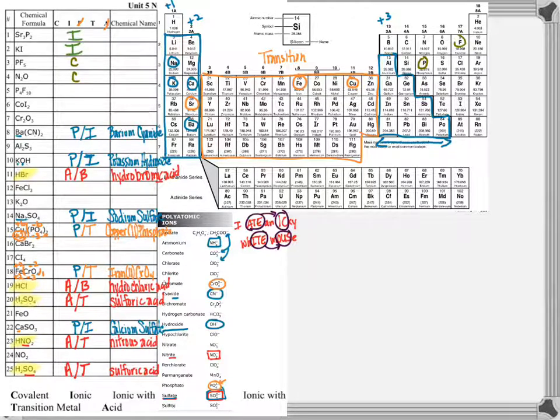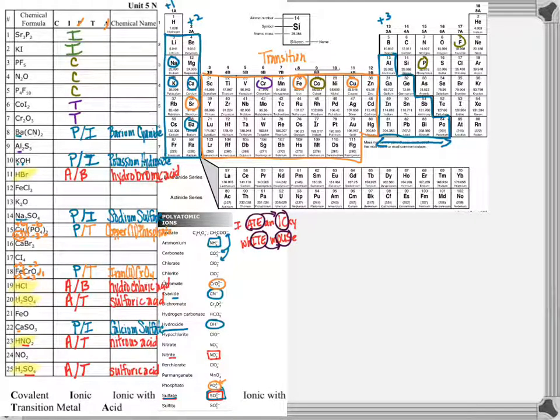Phosphorus and fluorine, again, covalent. Next, I have cobalt and iodine, so look for Co. Co is right over here, so that would be transition. Okay, so we put a T for transition. Cr, if I look for Cr, there you go, and it's also transition.